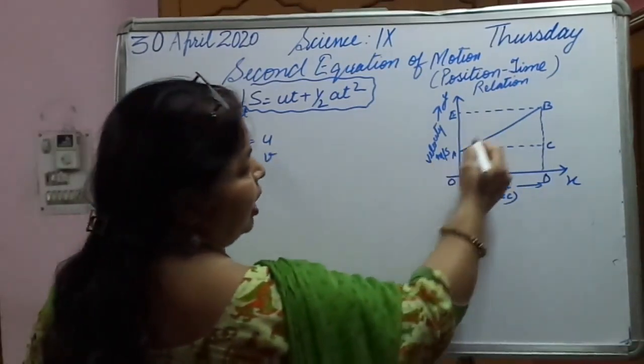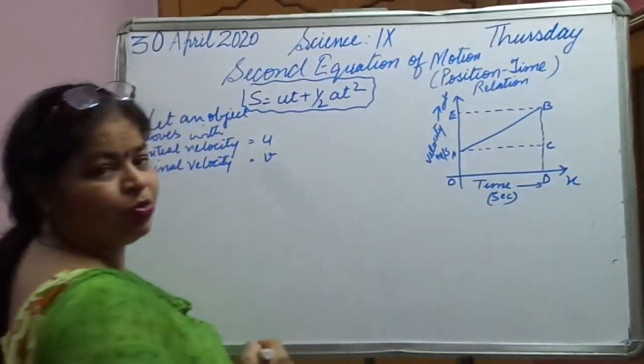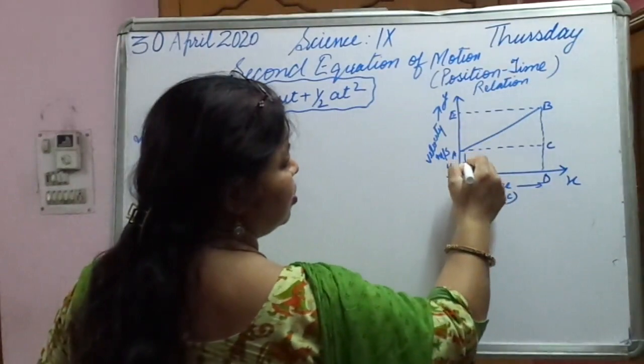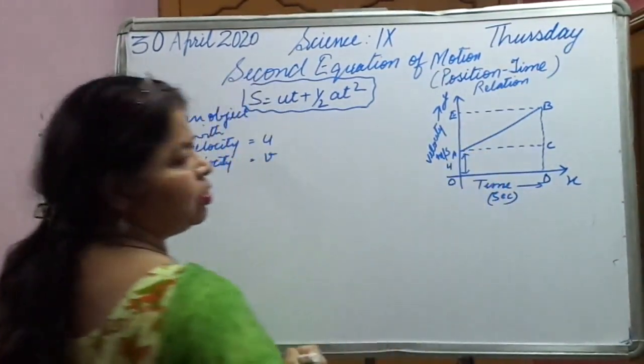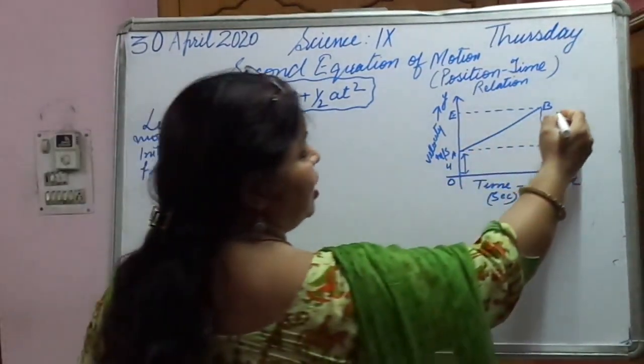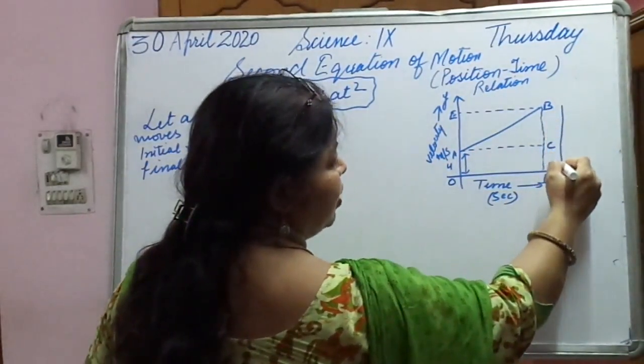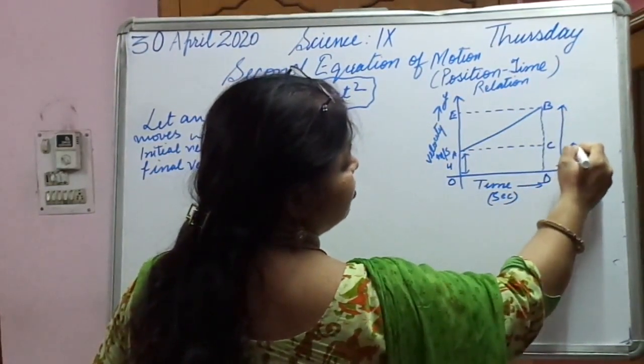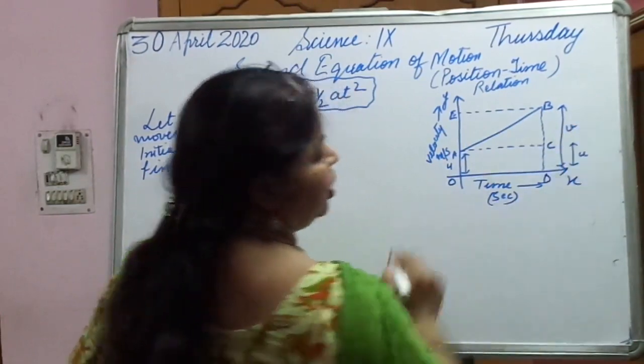So from A till B when it is moving, this is the initial velocity u, and this is the final velocity v.